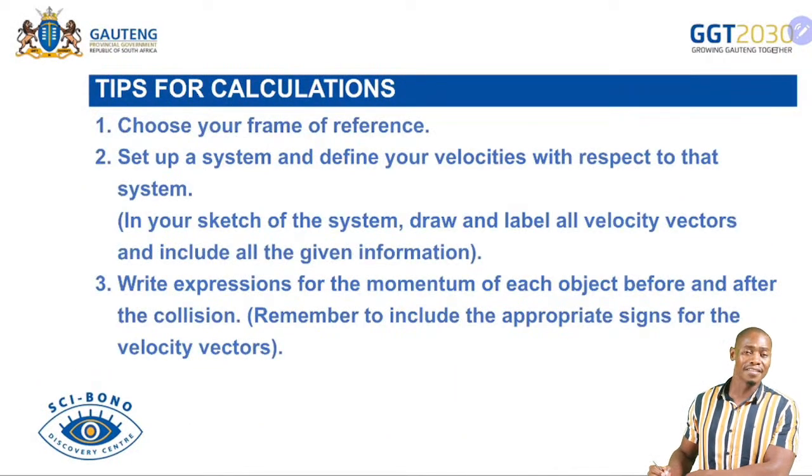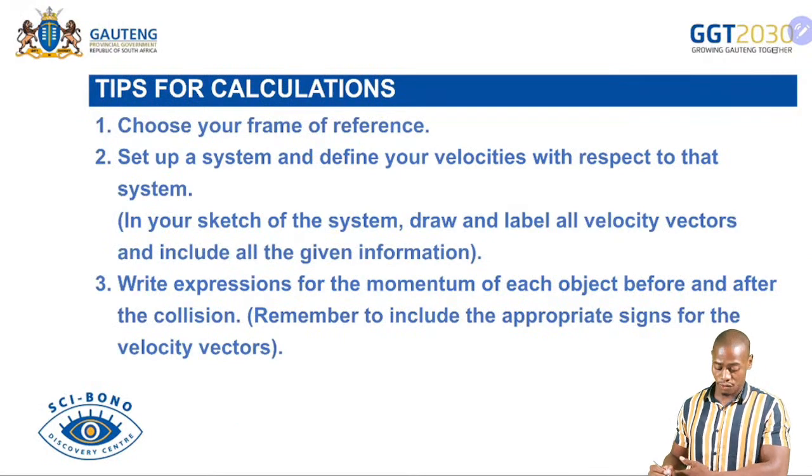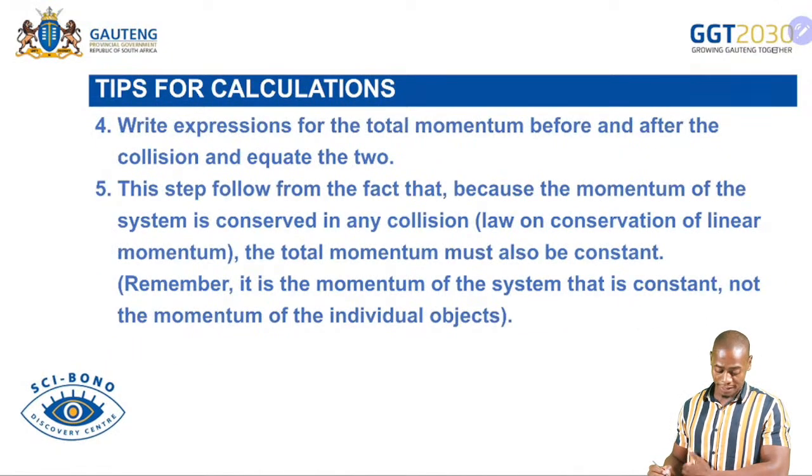Then these are the tips for calculations. You need to choose the direction. Set up a system and define your velocities with respect to the system. Write expressions for the momentum if you're calculating the momentum. Write expressions for the momentum of each object before and after the collision. Write expressions for the total momentum before and after the collision and equate the two.